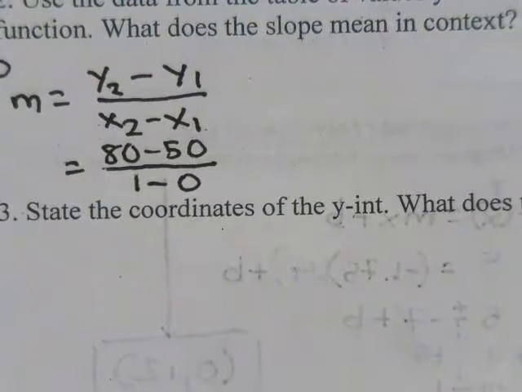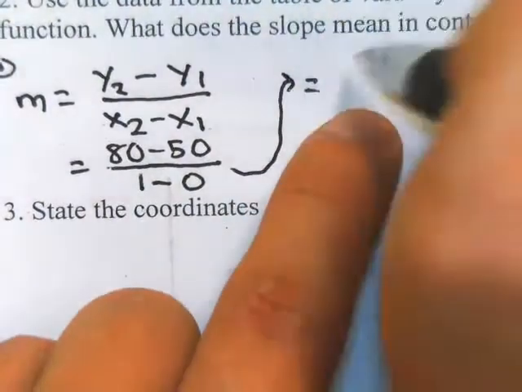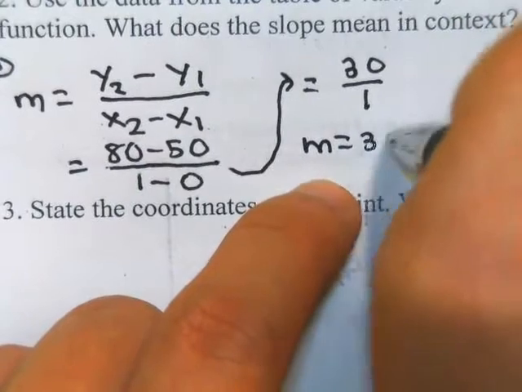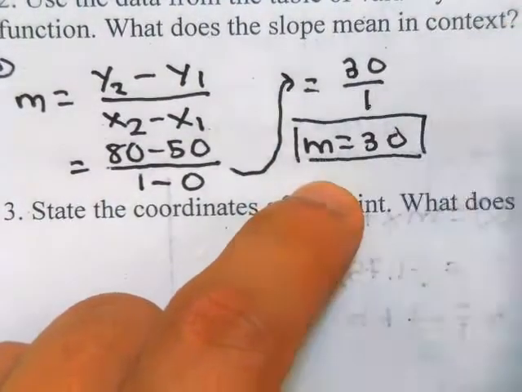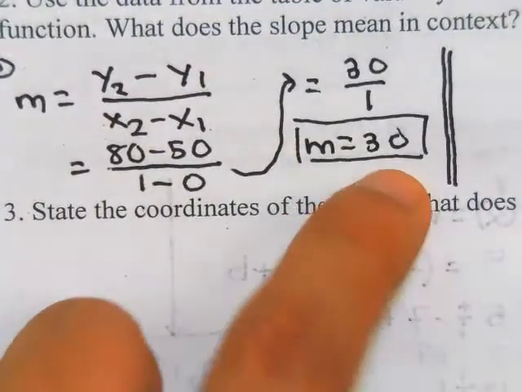So just be careful of the reading. I usually see that happening. All right, this calculation shouldn't be too bad. This is 30 over 1, and then your slope is going to equal 30. So let's box or circle that for a little bit. But we still have to answer this question over here on the side.